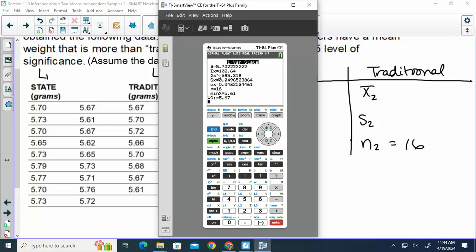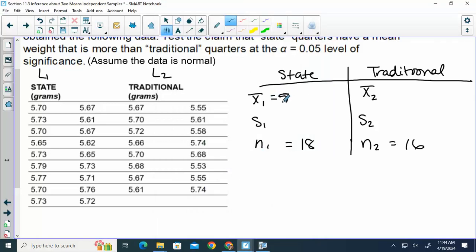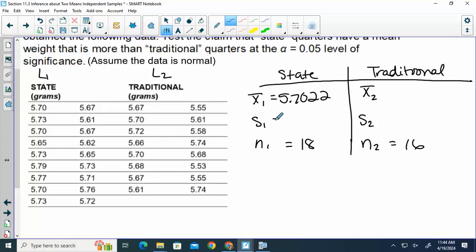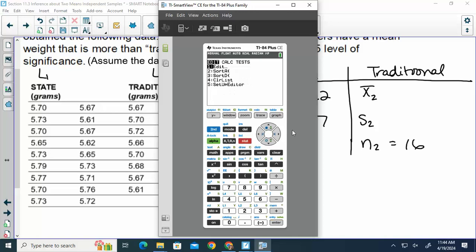And the mean is 5.7022. Standard deviation 0.0497. And then we need the same thing for the second list.